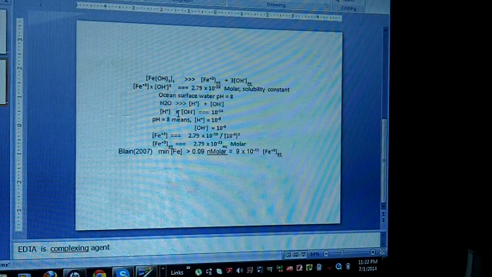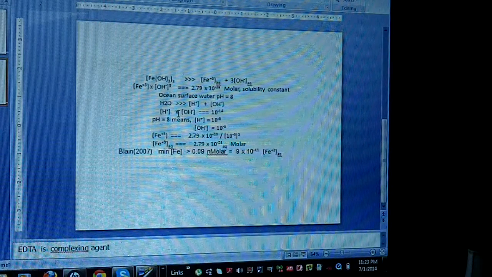And so then we just subtract the exponents, and we find that the molar concentration of ferric ion in equilibrium with the suspended solid ferric hydroxide is approximately 2.8 times 10 to the minus 21 molar.